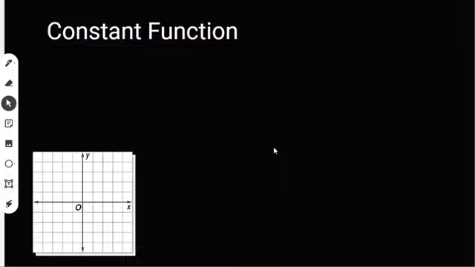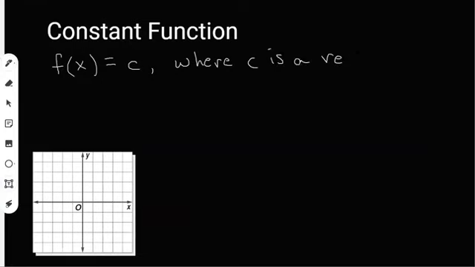You can write a function in a couple different ways, but the constant function is going to be f of x equals c, where c is a real number. So it's just going to be a number.